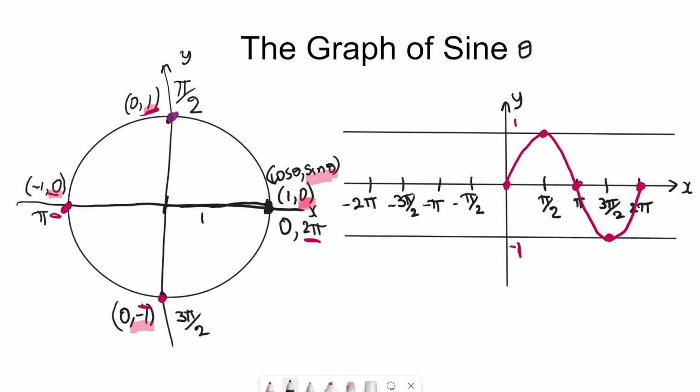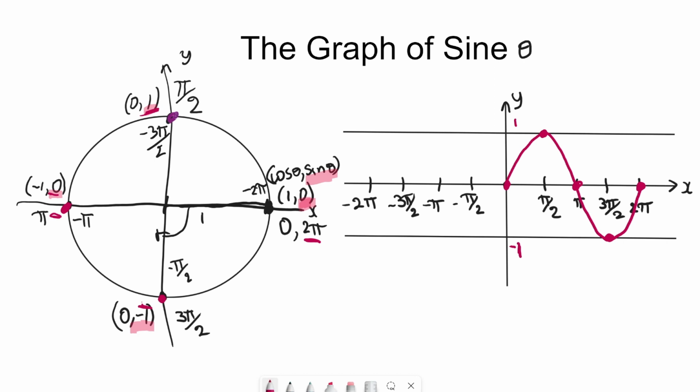Now, you can think of it as going in the opposite direction. This would be my negative pi over 2, and then this would be negative pi, and then this would be negative 3 pi over 2, and then this would be negative 2 pi, because we're going in the opposite direction.